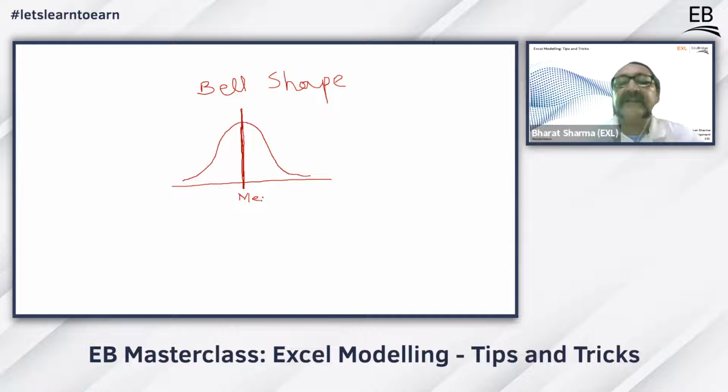And there are 3 measures that we have for the middle points. Technically, we call them central tendency: mean, median, and mode.